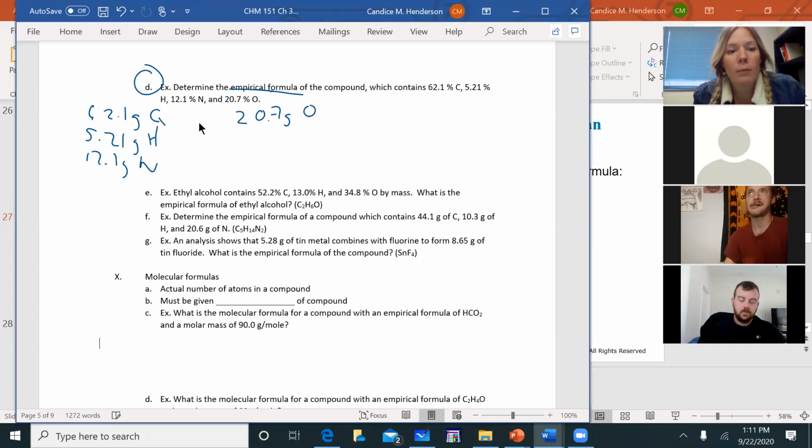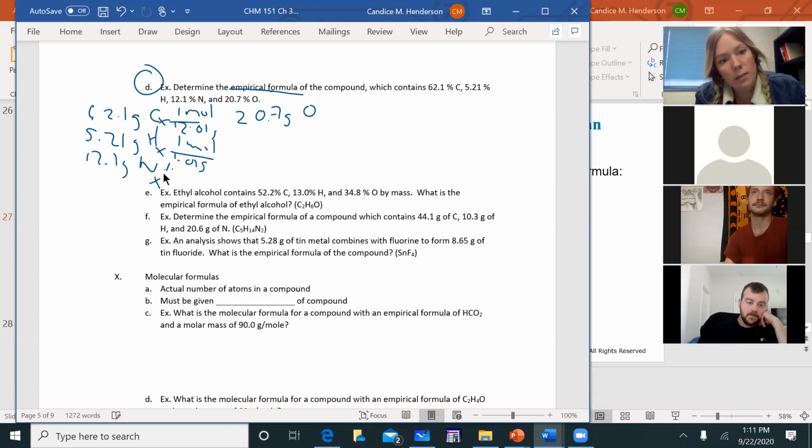So I'm going to divide by the molar mass, 12.01 grams for 1 mole of carbon. I'm going to divide this by its molar mass, 1.01 grams, and this one by nitrogen. Sorry, it's getting so messy here.